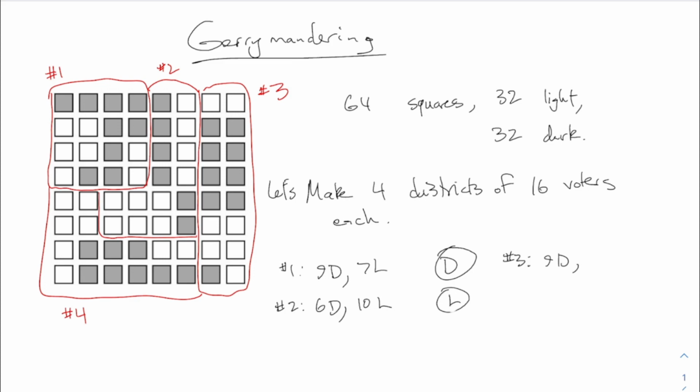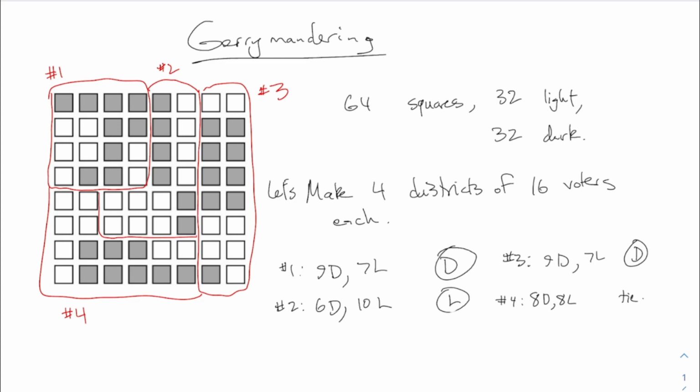I'm just seeing who gets the most each time. So in number 3 the darks win. And number 4 has 1, 2, 3, 4, 5, 6, 7, 8. Is that right? 8 and 8. 8 dark, 8 light. This is a tie.